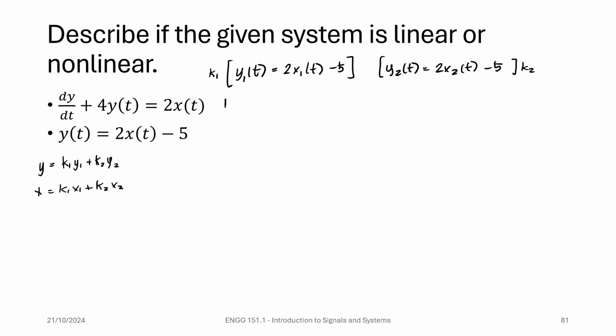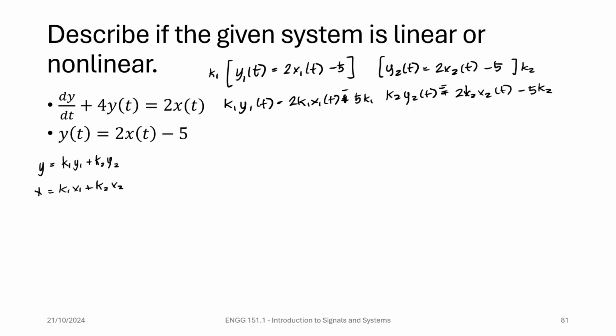So we have k1 y1 of t is equal to 2k1 x1 of t minus 5k1. Dito naman, so we have k2 y2 of t equals 2k2 x2 of t minus 5k2.